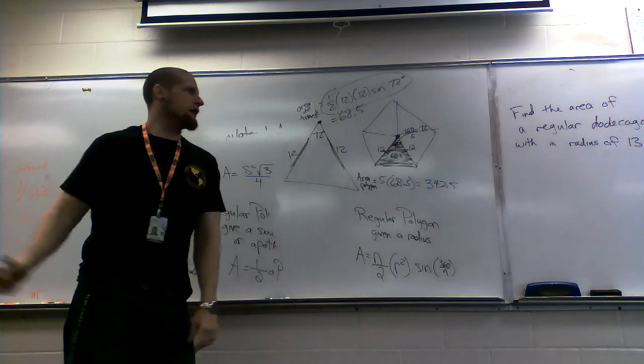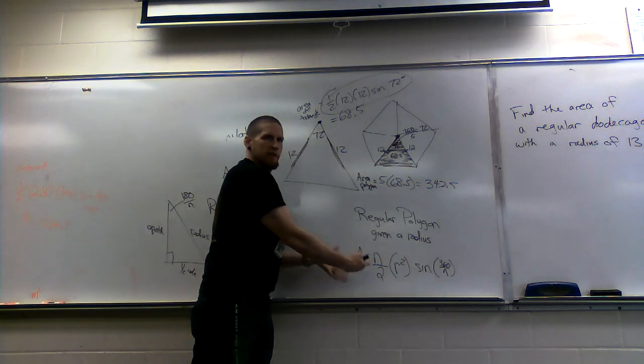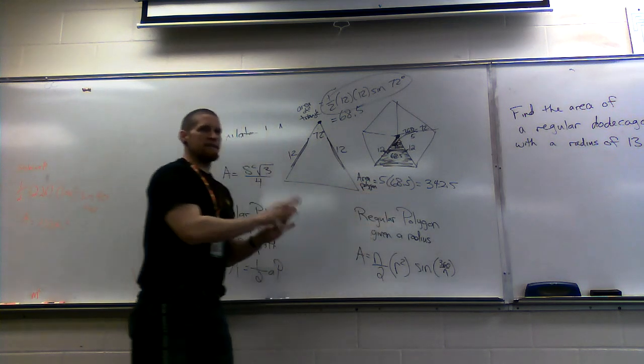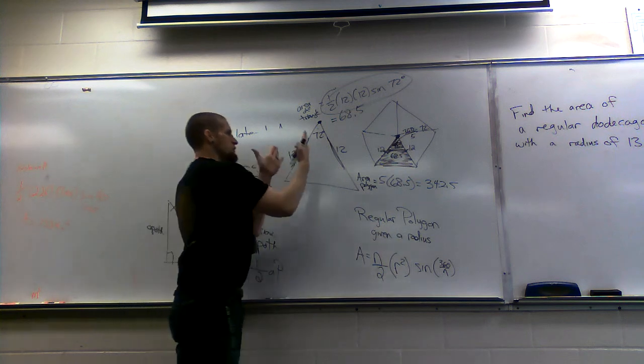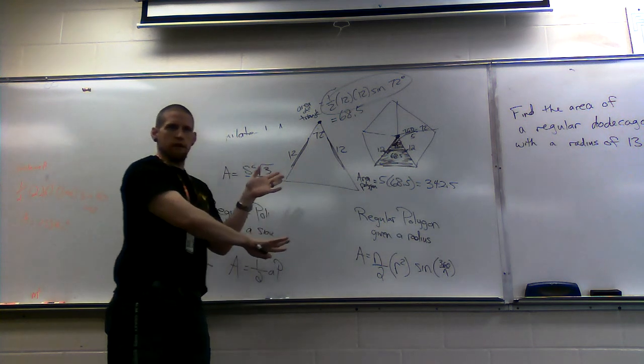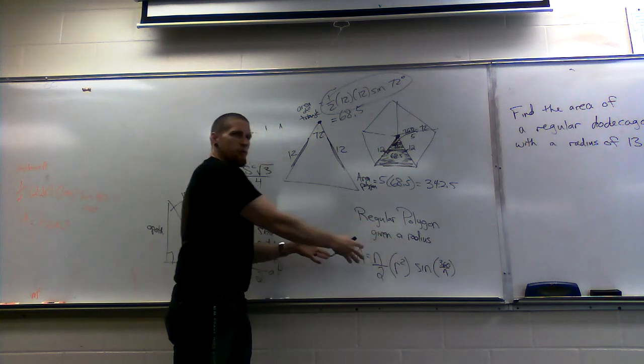Okay, so here's the thing. I've got this condensed right into one formula here. But usually with this method, it's easier for people to remember, do the triangle, and then multiply by the number of sides. That's usually the easier thing. This is just what it would look like condensed into one thing.